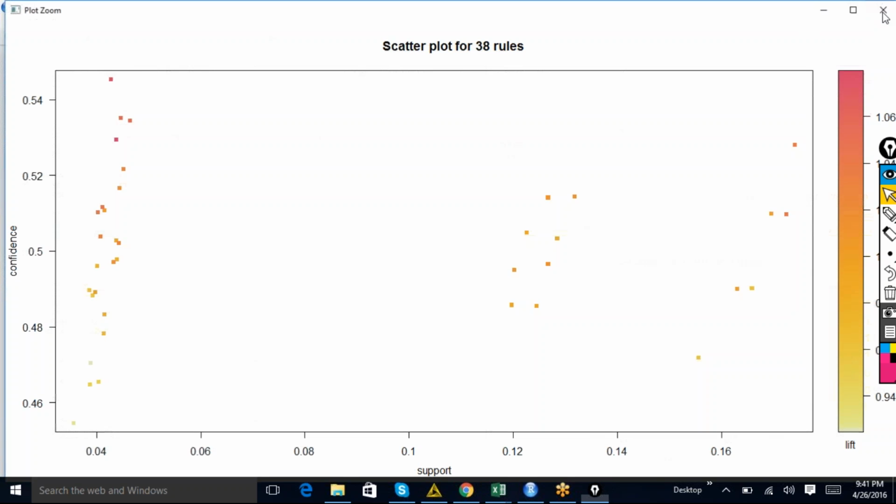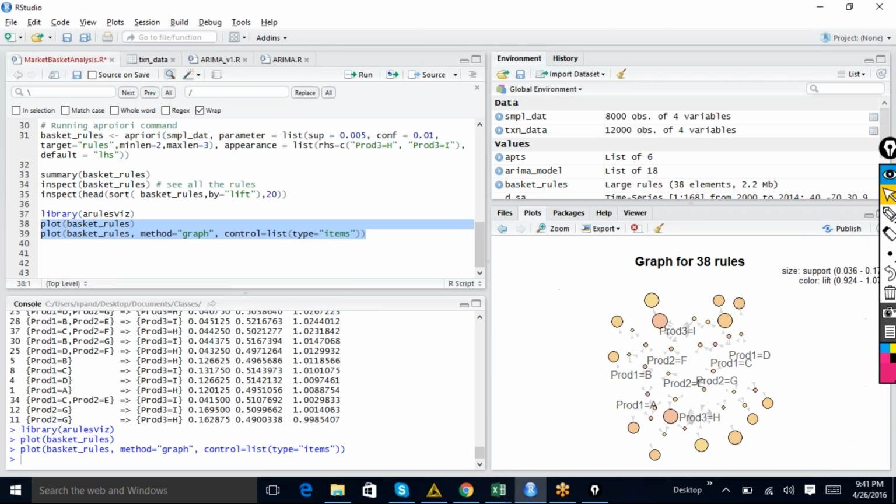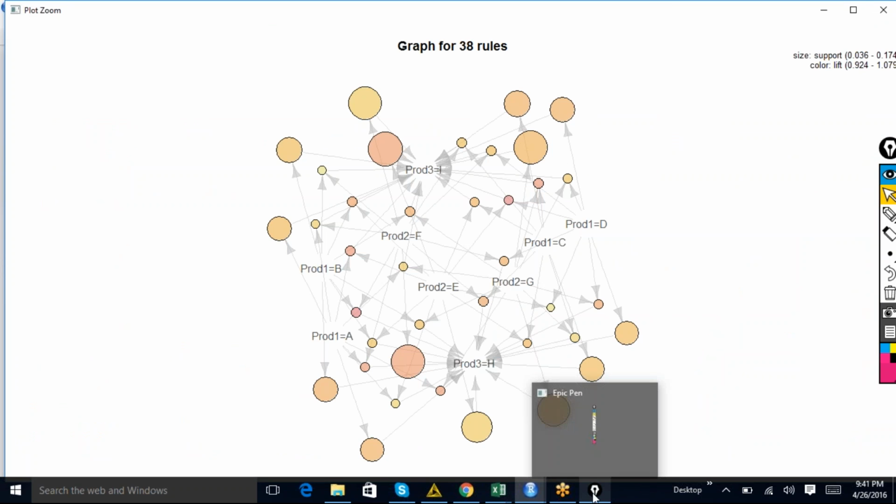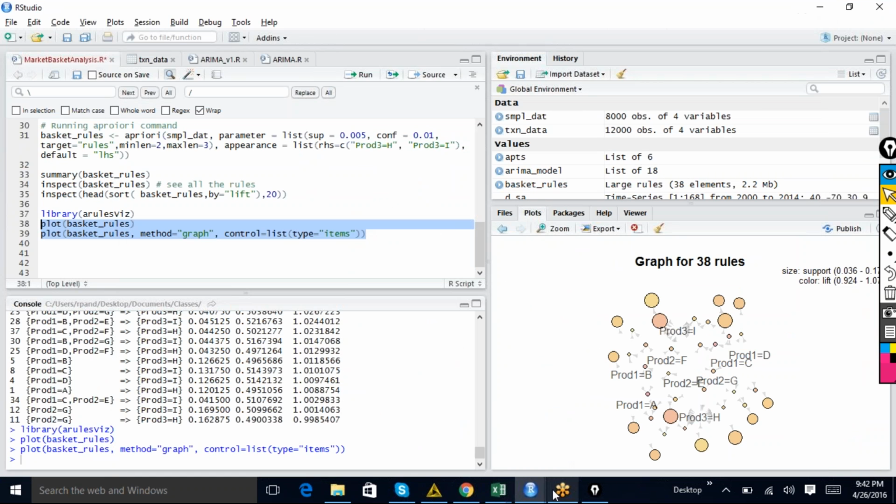So there is one more fancy chart which is a little bit tricky. So I'll probably throw this as a challenge to you guys to figure out what it means, right? Wait a minute. What happened to my window?